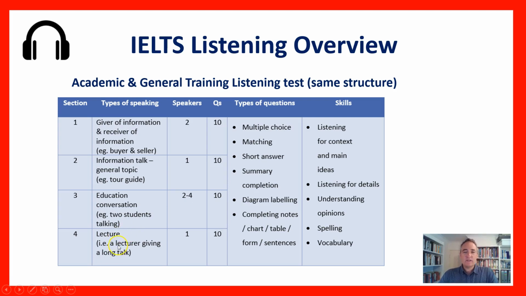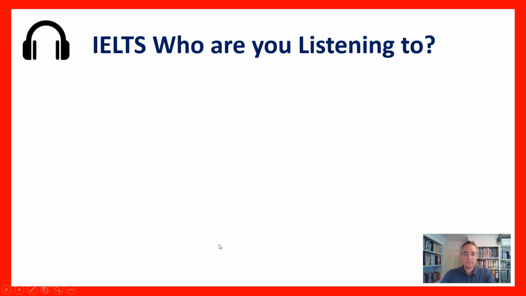So it's a very specific piece of language which is going on here in the lecture. And again, you've got one speaker, so we can see a bit of a pattern. Section 1 and section 3, you have multiple speakers, and section 2 and section 4, you just have that one speaker, and you've got to listen carefully and answer those questions.